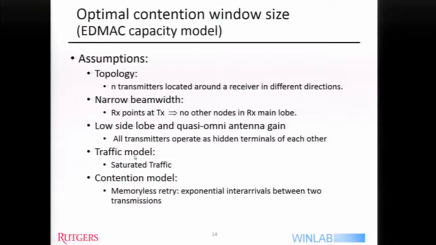We also assume the saturated traffic model. And in the analysis, like in traditional CSMA network MAC protocols, we use the memoryless assumption, so the interval between two transmissions follows the exponential distribution.